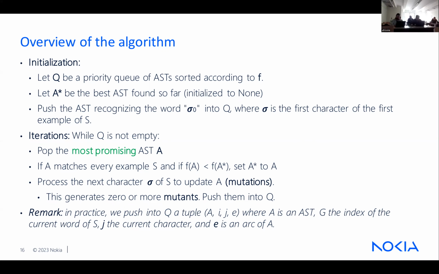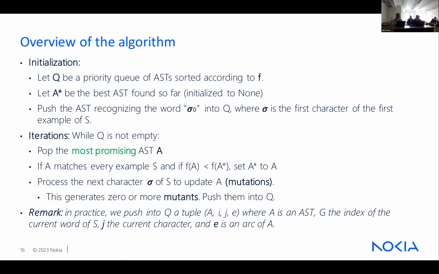At the very beginning, we put the AST recognizing the word sigma 0 into Q, where sigma is the first character of the first example of S. So at the very beginning, the ASTs that you have in your priority queue don't recognize all the examples, I guess. Yeah, at the very beginning, there's only one AST, which is made of one single leaf. It's to initialize the algorithm.